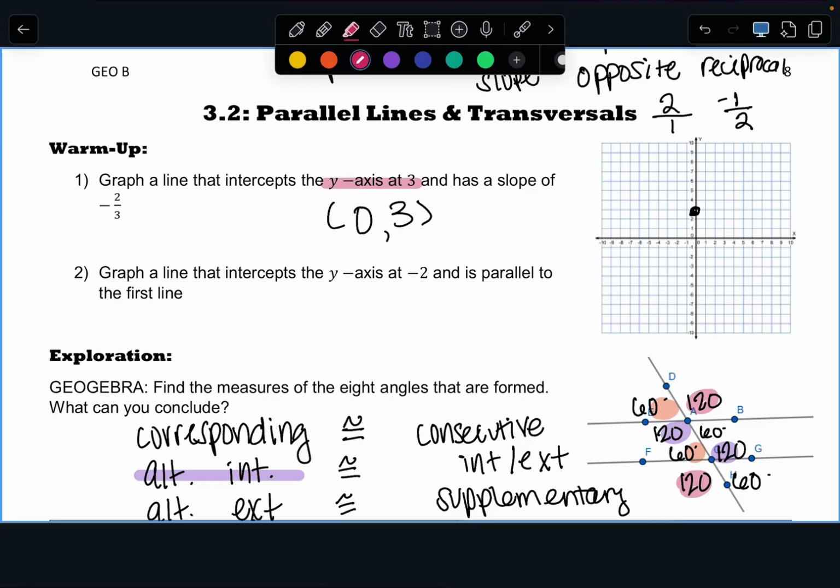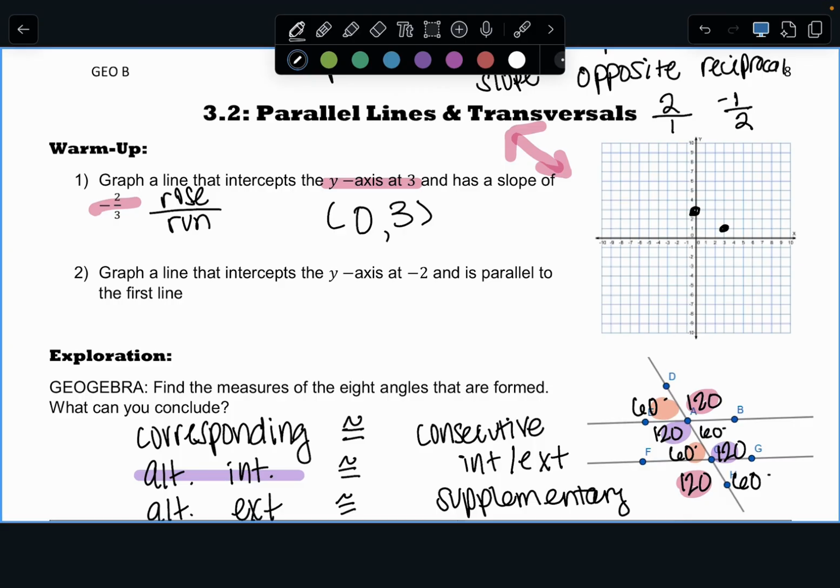And then I look at my slope. My slope is negative 2/3. So my line should be pointed down. Going down by 2. Perfect. Remember, it's rise over run. So we're rising by negative 2, and we're running 3. So down 2, to the right 3.